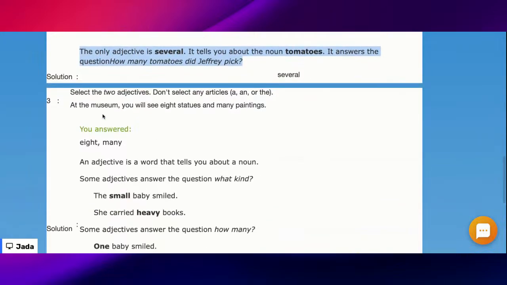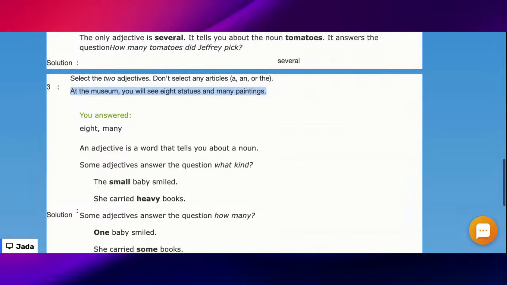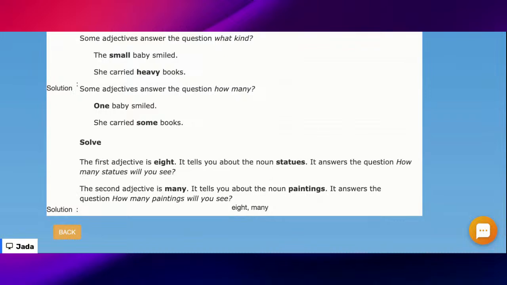At the museum, you'll see 8 statues and many paintings. Now select the 2 adjectives that are here. So what are the adjectives here? The first adjective that we have is 8. It tells you about the statues because it's answering the question, how many?